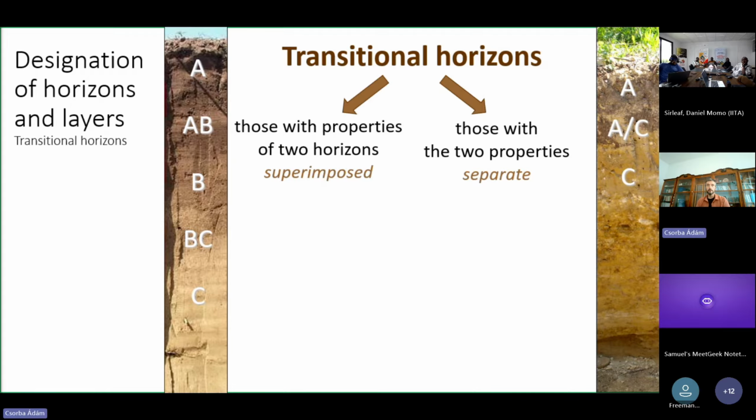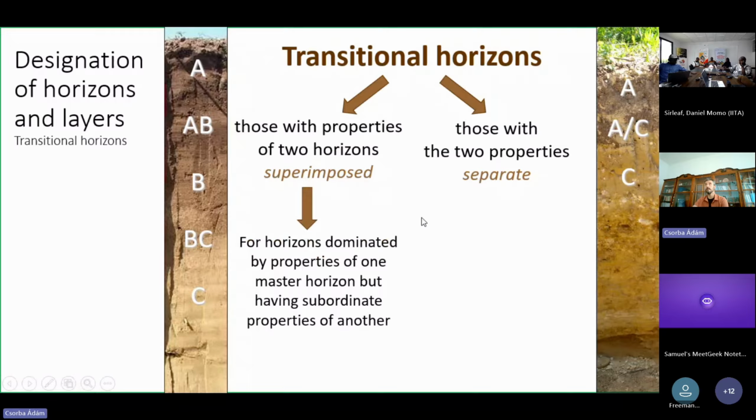As you can see, we have two cases of transitional horizons. On the left side, you can see transitional horizons with properties of two horizons superimposed. And on the right side, you can see transitional horizons with the two horizon properties separated from each other. Let us see what I'm trying to say here.